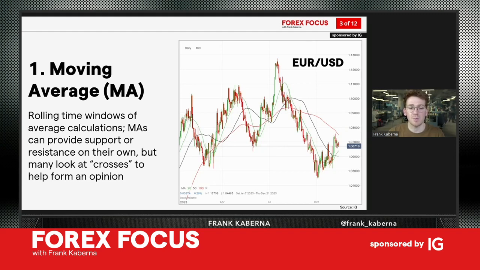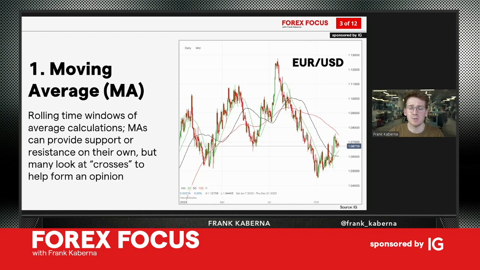But a lot of people will use them to look for crosses, which is to say, when a short-term moving average crosses a long-term moving average, that is a potentially notable signal that the market might be either continuing in that direction or reversing off of such a noteworthy signal, so to speak.